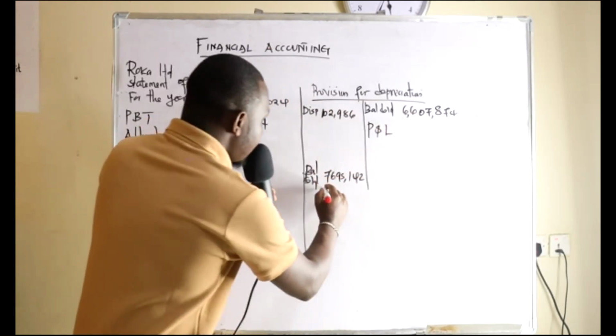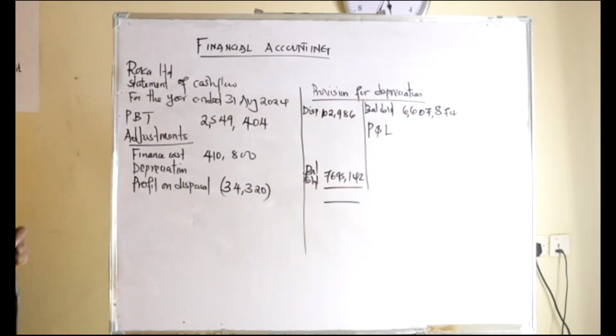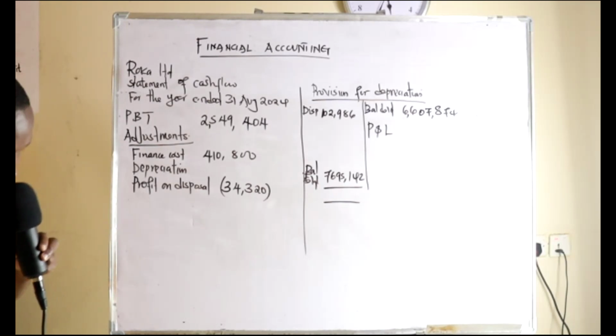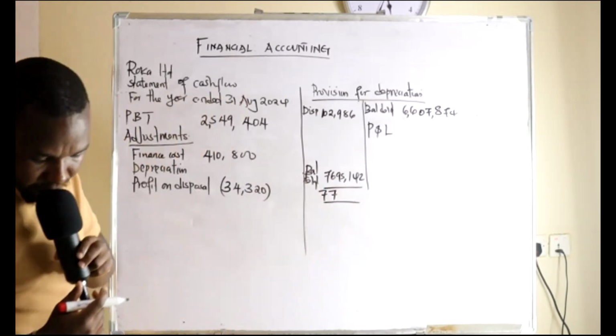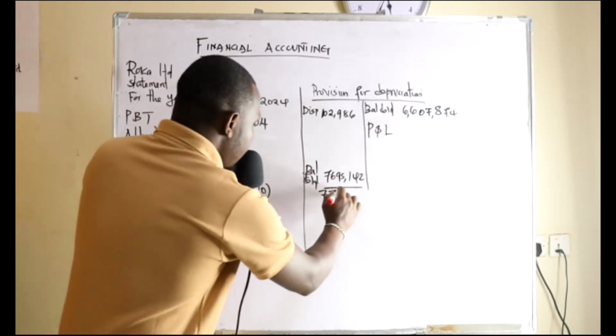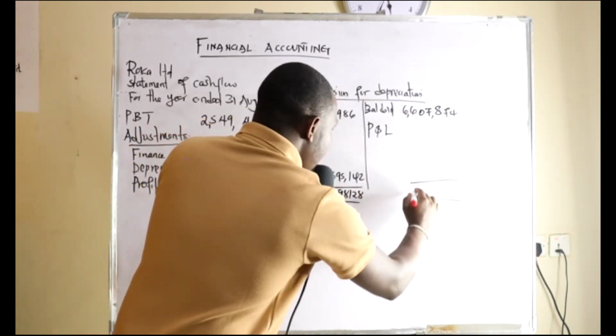So let's take the addition of this, which is 102,986 plus 7,695,142. This gives us the total of 7,798,128, which will be the same here.